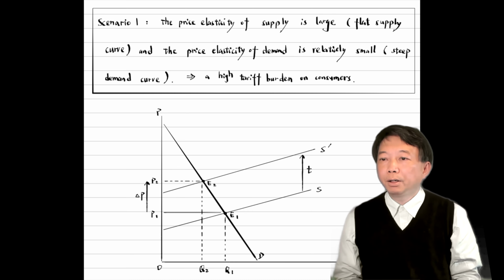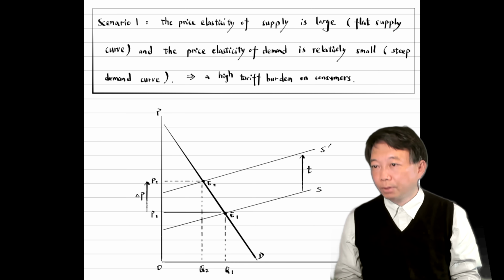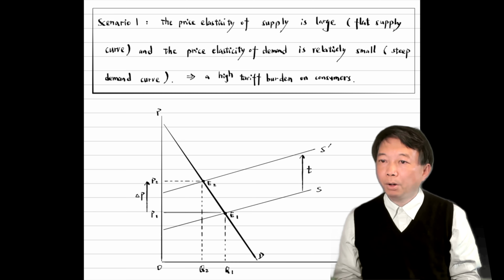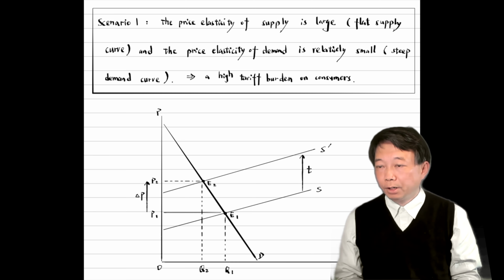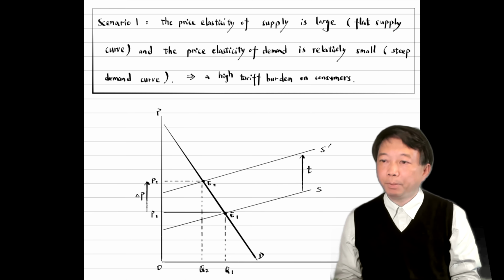In this case, the price elasticity of demand is low, resulting in a steep demand curve. This corresponds to scenario 1, where the market price of the imported good rises significantly, and consumers bear a larger portion of the tariff burden.